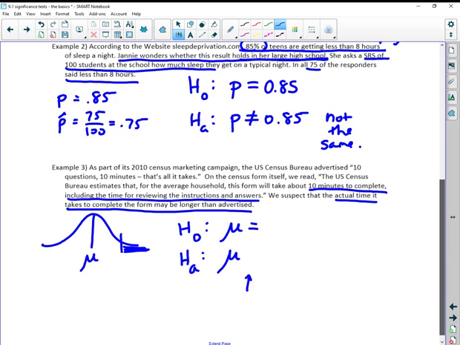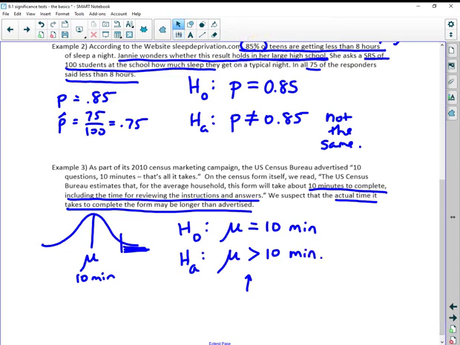So we're thinking that the mean time they claim is 10 minutes. So I'm going to say 10 minutes right here. If you define your mu, or at least put your units someplace, we're wondering if my mean time is actually more than 10 minutes. So that would be a one-tailed situation that you're going to check for the census.